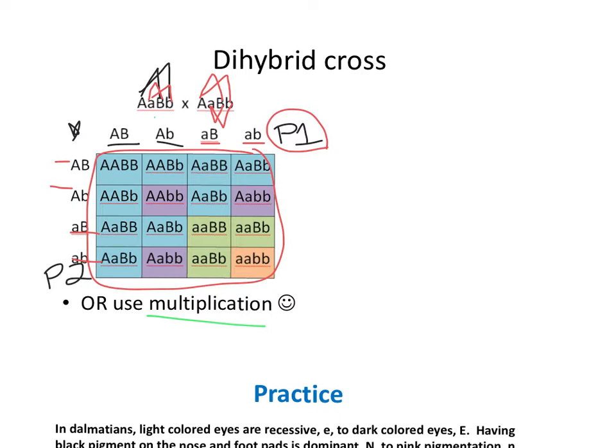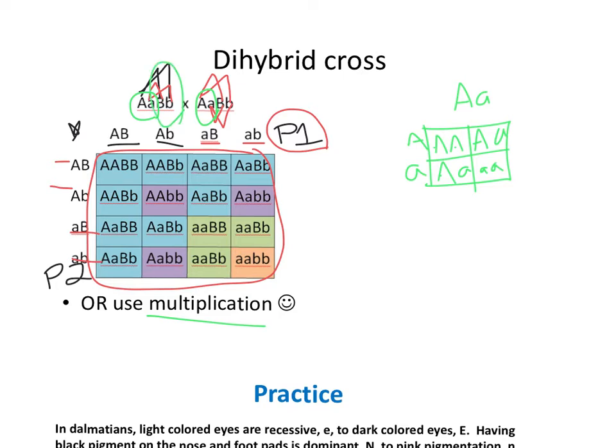So for A, I have these 2 possibilities, so I'm going to draw that Punnett square here. And for B's, I would also draw a Punnett square. And then I would multiply my results.